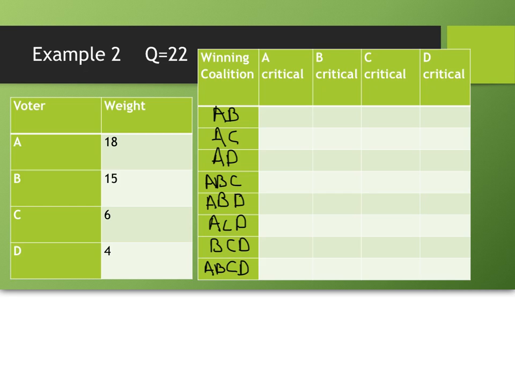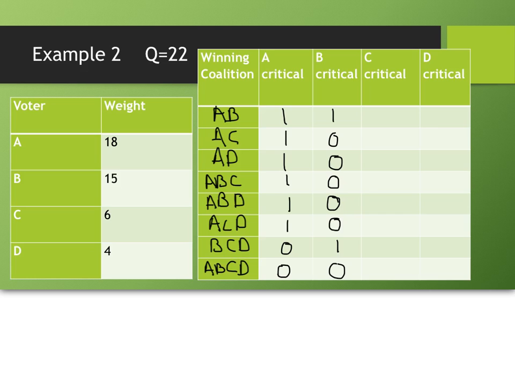All right, so you should have got that A is critical here, here, here, here, here, here, not there, not there. All right, B is critical here, not here, not here, not here, not here, not here, here, not here.